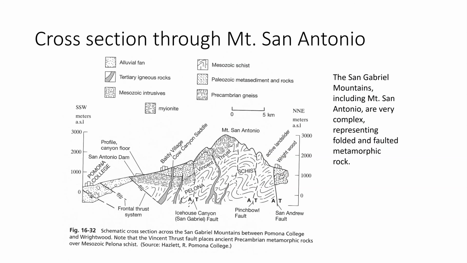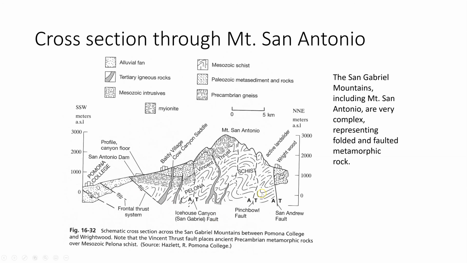So here's a cross-section of Mount San Antonio. This is really interesting because we can see some underlying schist, and then we see lots of these thrust systems. So remember, these thrust faults are reverse faults. They are just at a smaller angle. So the angle that we see movement is shallow.